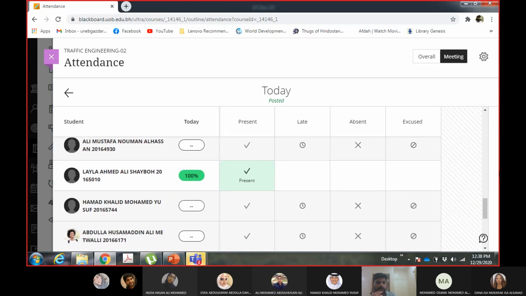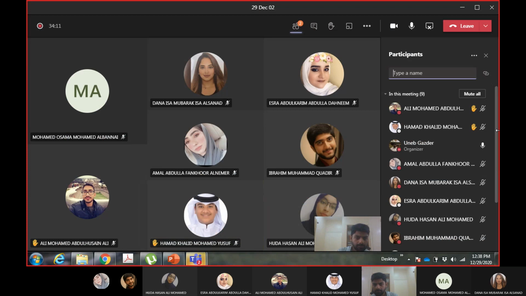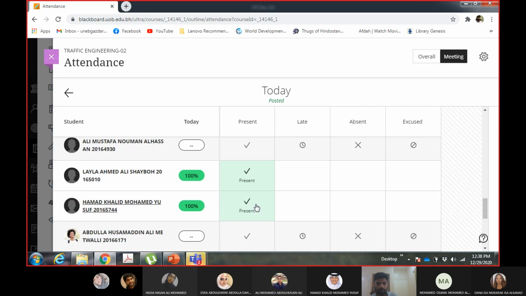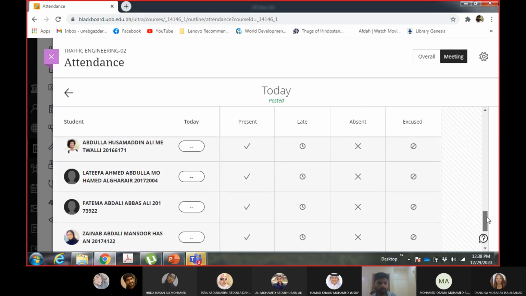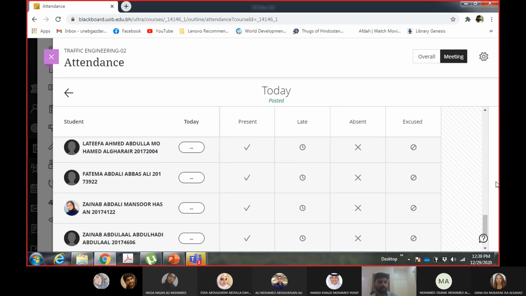Ali Mustafa, Hamad Khalid, Abdullah Usamuddin. Latifa Ahmad, Fatma Abdali, Zainab Abdali, Zainab Abdulal.